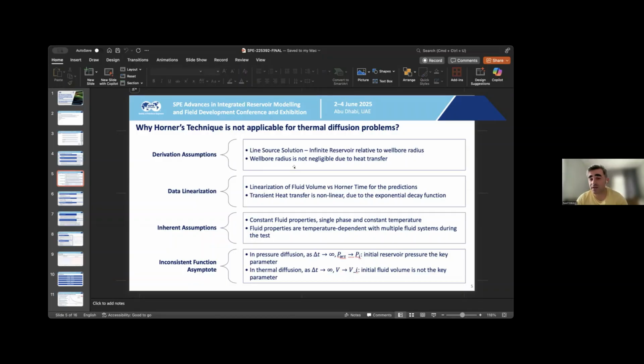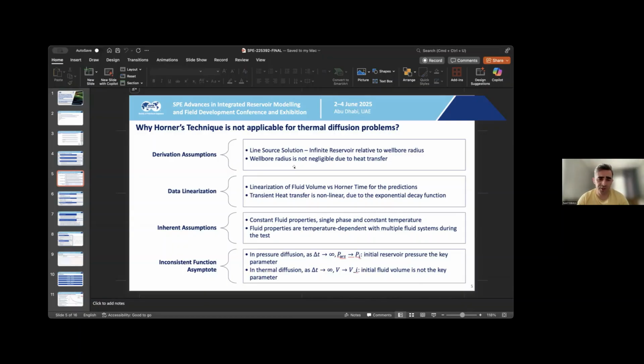In fact, the heat transfer follows an exponential nature. The equation itself is a partial differential equation, but if you solve this partial differential equation, you will end up with an exponential decay function, which is obviously nonlinear, whereas the Horner technique is based on data linearization. So basically, it linearizes data on a semi-log scale and tries to make some predictions.